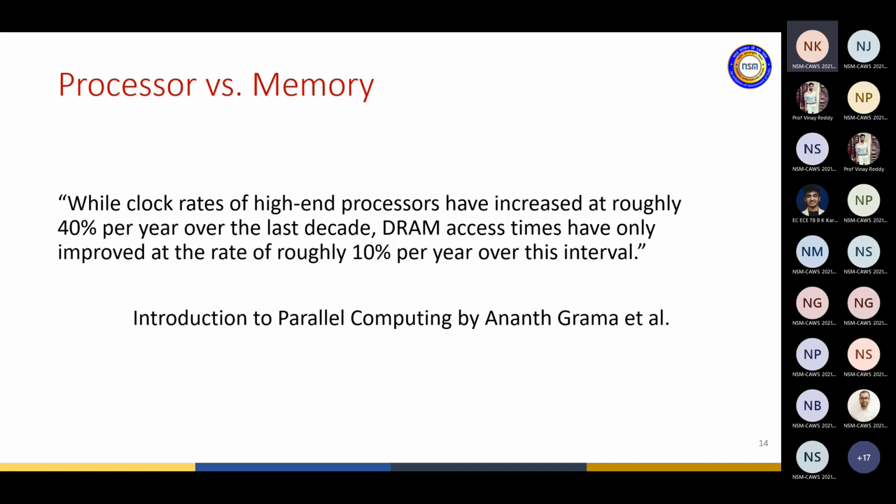And why are we talking so much about memory? Because the processing rate has tremendously increased. As you know, it has exponentially increased over the years, whereas every other component has been lagging behind: the DRAM access time, the networking speed, and so on.